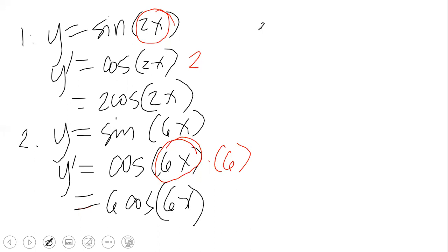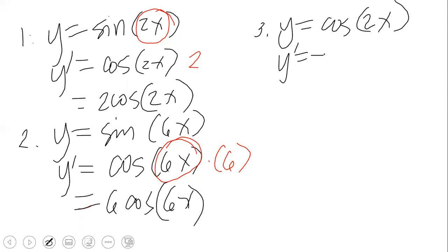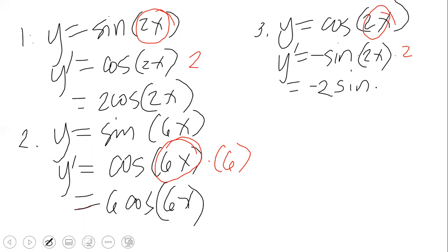Let's have number 3. You have y equal to cosine 2x. Y prime is, kopyahin natin, the derivative of cosine is negative sine times angle 2x, then derivative ng angle times 2. So therefore, i-rewrite natin, that will be negative 2 sine 2x.